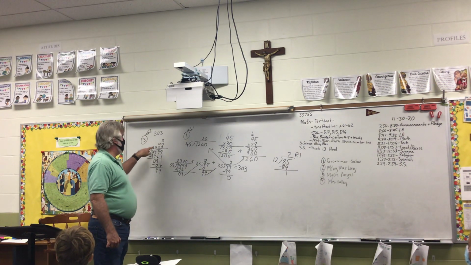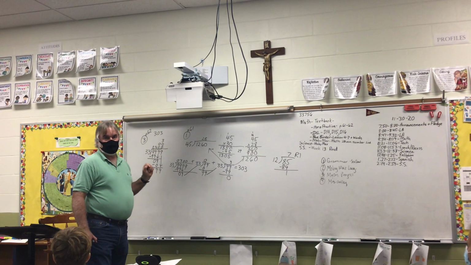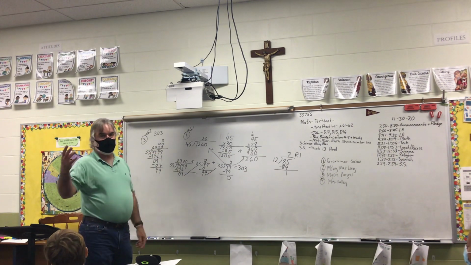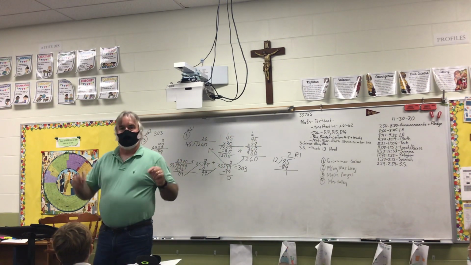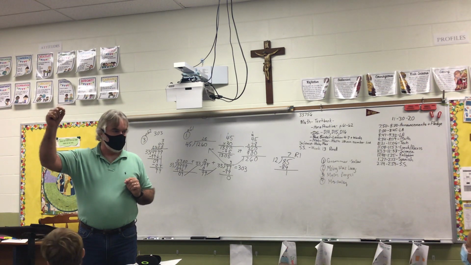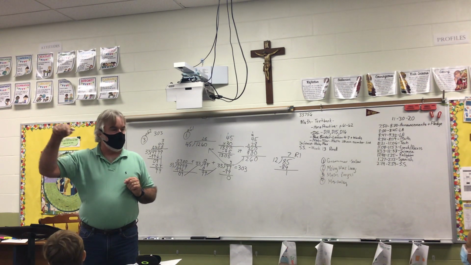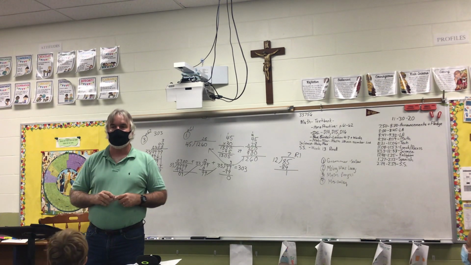If you multiply this and this, you should get this. Now, with the IXLs that you're doing, if you multiply the divisor and the answer, and then add the remainder to it, that's how you're going to find that answer with the remainder. Add it at the very end.